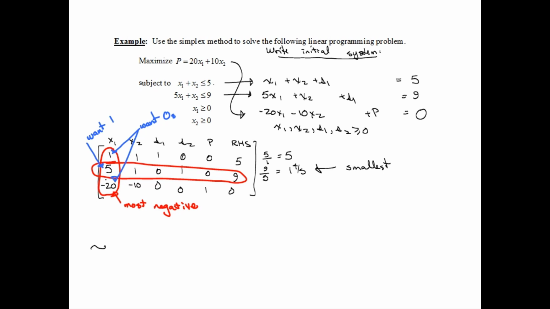So first we're going to multiply by the reciprocal of that element in the second row, so this will be 1/5. Row 2, we'll put it into row 2. So my first row remains unchanged. And then my last row remains unchanged also.